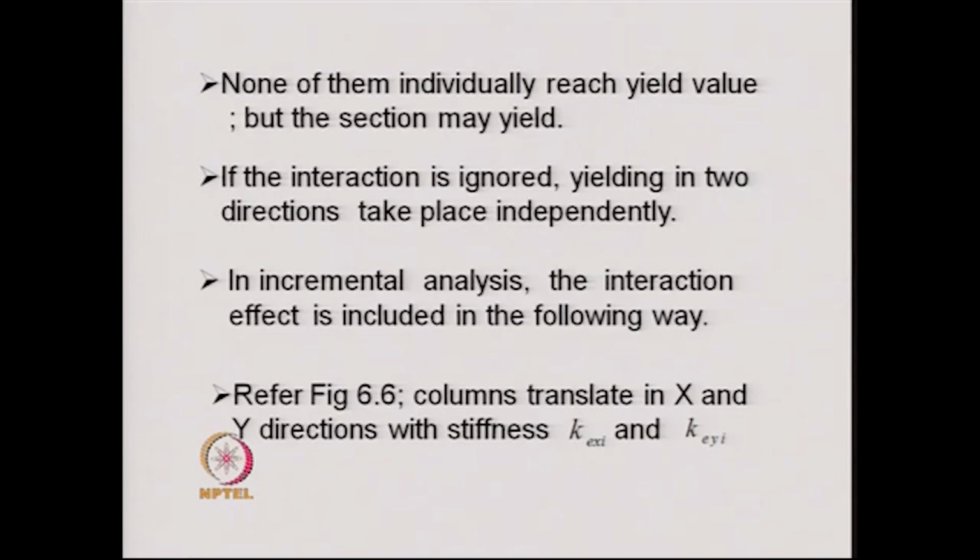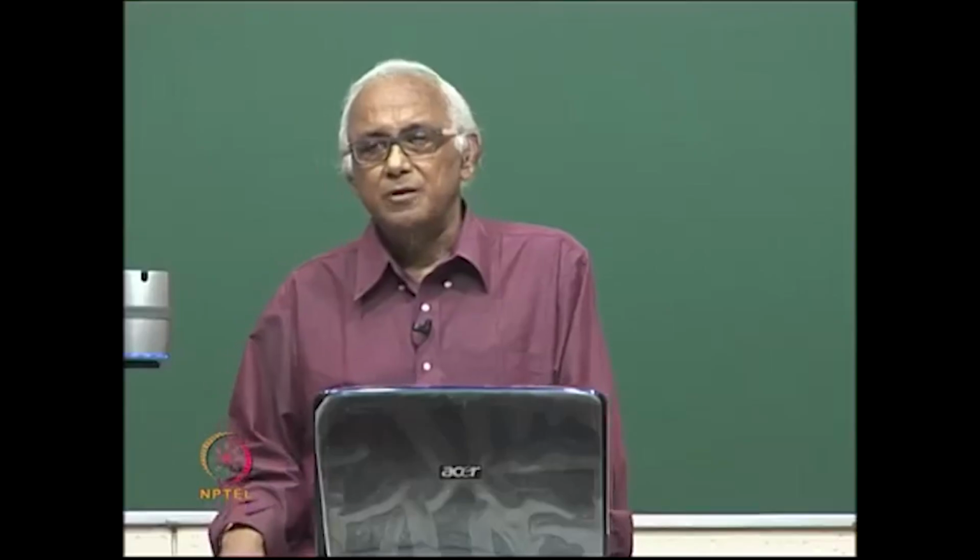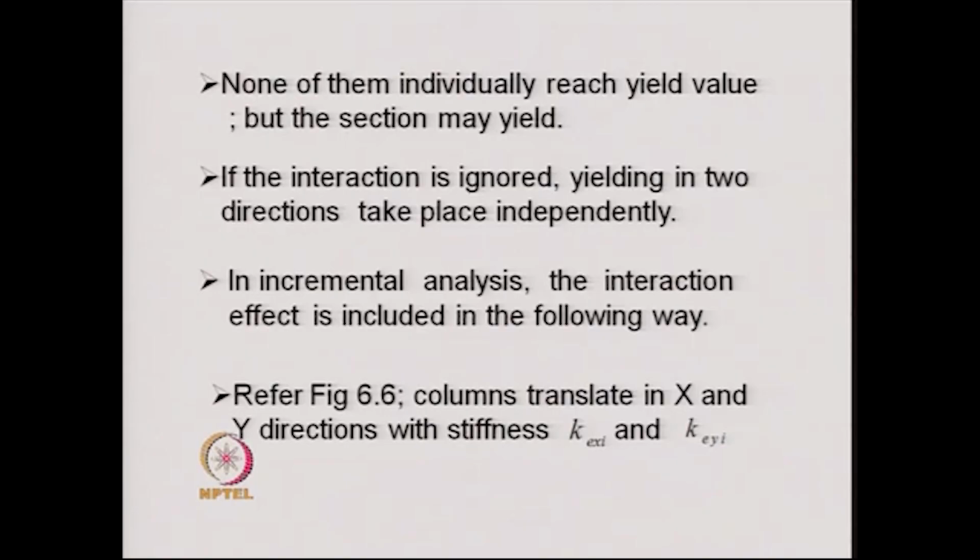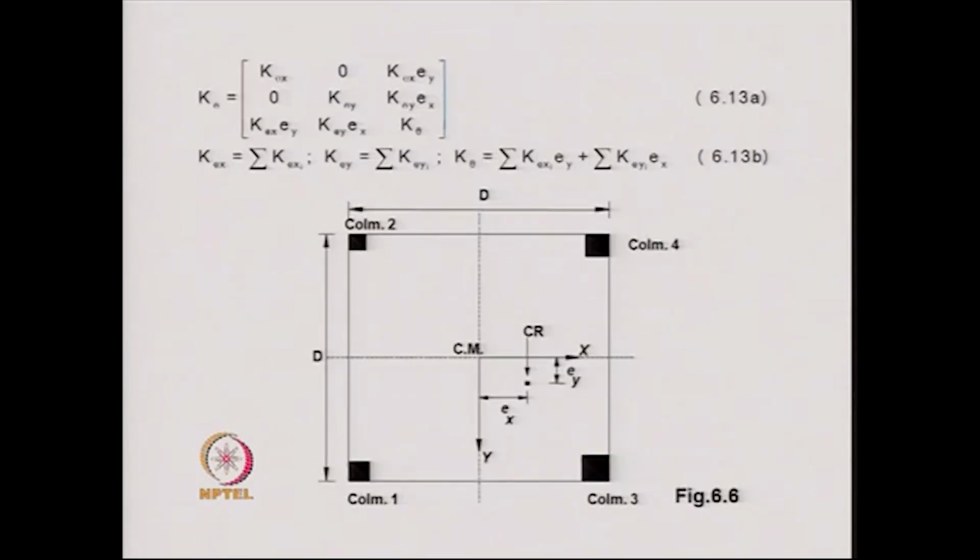So, they take place independently, but whenever we consider the interaction effect, then the yielding is considered based on a certain yield criterion that is assumed. In the incremental analysis, the interaction effect is included in the following way, that is explained over here.